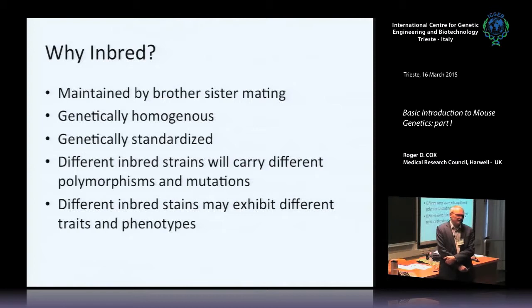They're genetically standardized, so if you buy your mice from a reputable supplier and it says they're C57 black 6N, the mice you're using in your lab should be the same as the mice being used in somebody else's lab across the other side of the world.